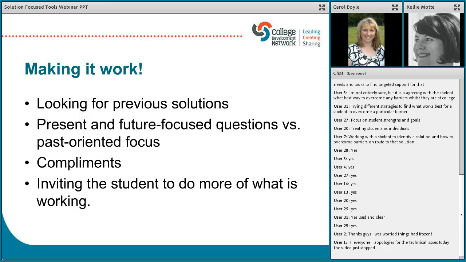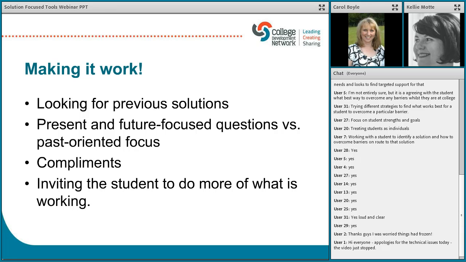What we tend to find is that most people have previously solved problems, and what we're trying to do is get them to identify how they did that, and help the person to see the potential solutions. So you might ask, what did you or others do that was helpful in the past? And again, Kelly's mentioned this, find out what works, build upon that.